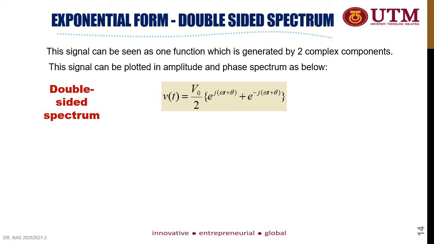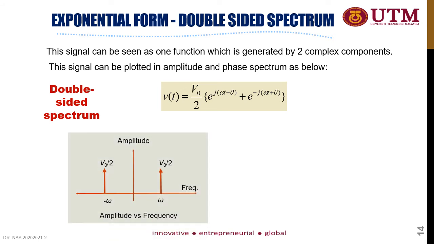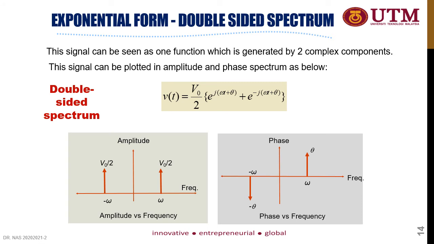If you have an equation in exponential form, you may plot a double-sided spectrum, both for the amplitude and also the phase. If you still remember, in a trigonometric form, you only have single-sided. What does it mean by single-sided? Meaning that you have all signals on the right-hand side, omega naught, 2 omega naught, and so on. This is for the amplitude, and the same goes for the phase. So this is single-sided.